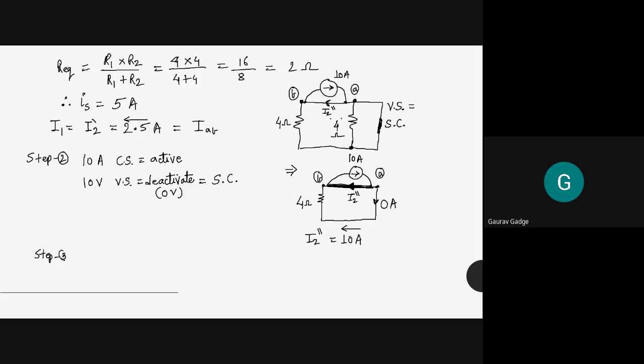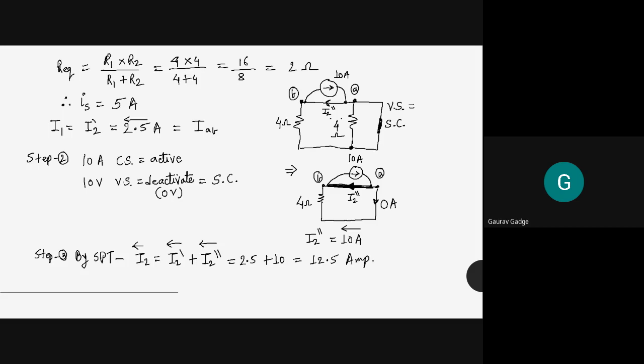Step number 3, by superposition theorem, I2 is equal to I2 dash right to left plus I2 double dash right to left. Now I2 dash is 2.5, I2 double dash is 10, and hence its value is 12.5 ampere.